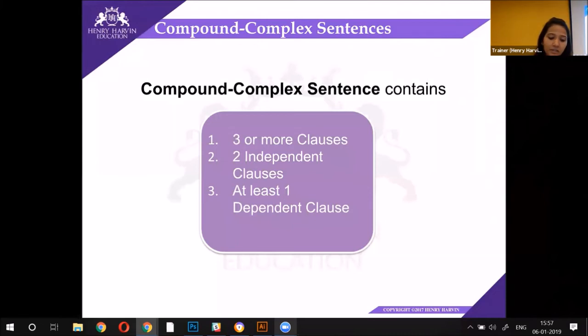I still need to set it up. So without a conjunction, you will separate the two independent clauses by having a semicolon. Clear? And you want to separate two sentences without using a conjunction.